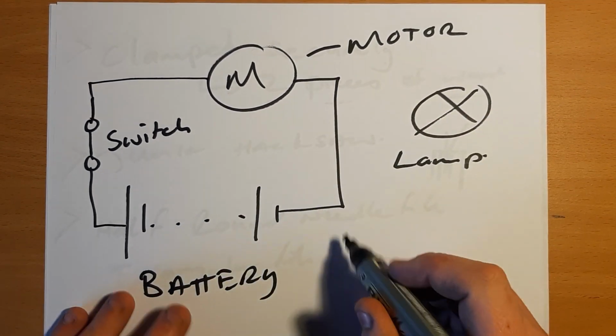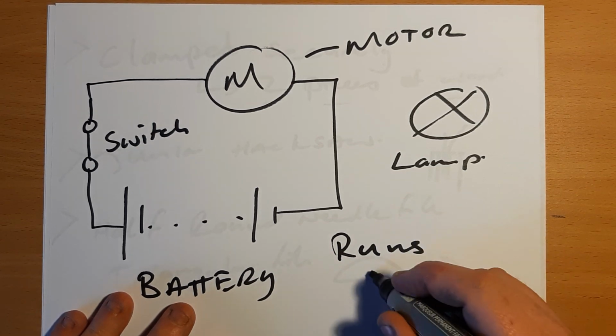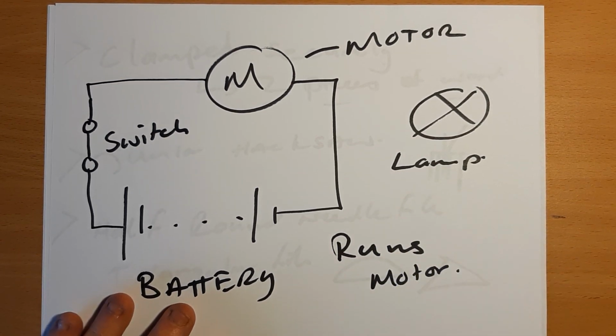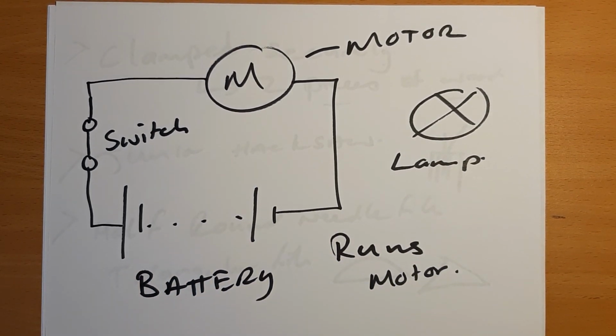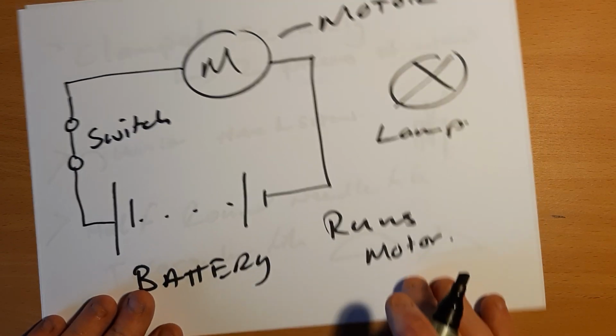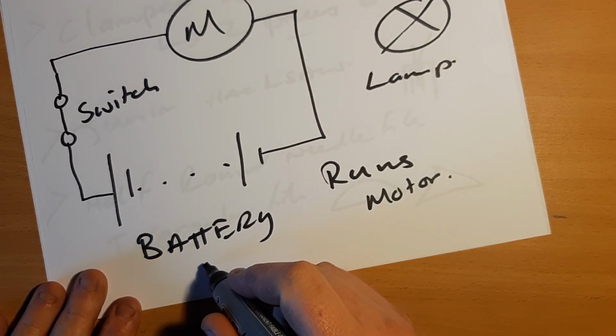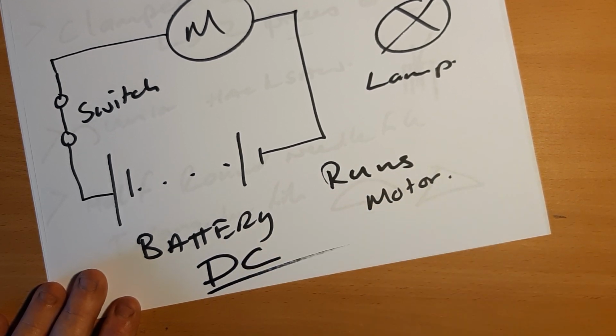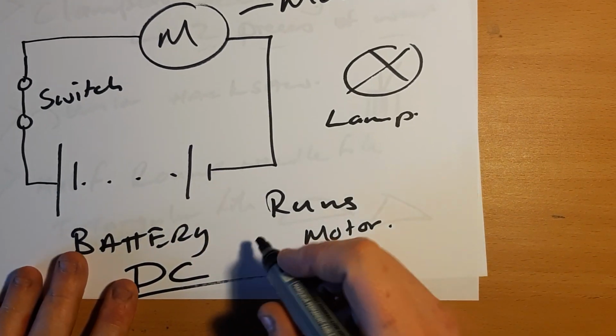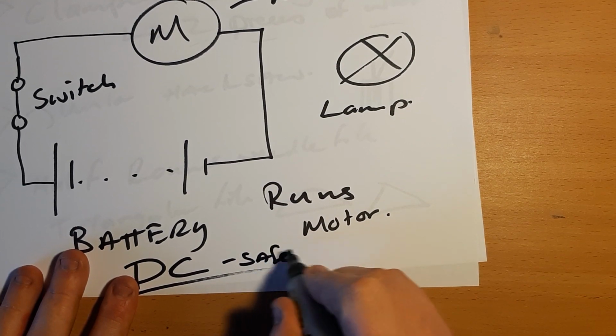What's going to happen to this? It runs the motor. That's simply it. So let's explain the operation of the circuit. You're going to say, when the switch is closed, power goes to the motor turning it. Simple as. And then it asks, does the battery give out AC or DC? It gives out DC, direct current. Direct current is safe.